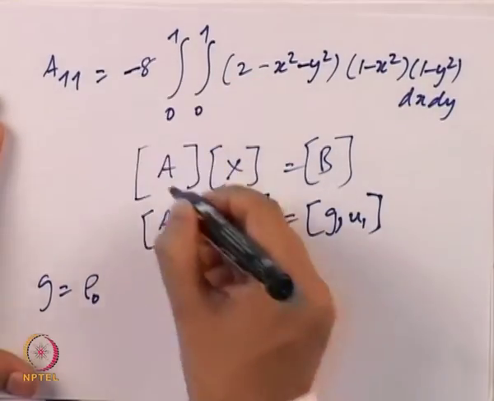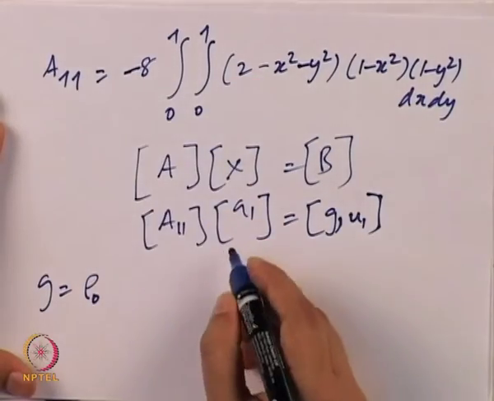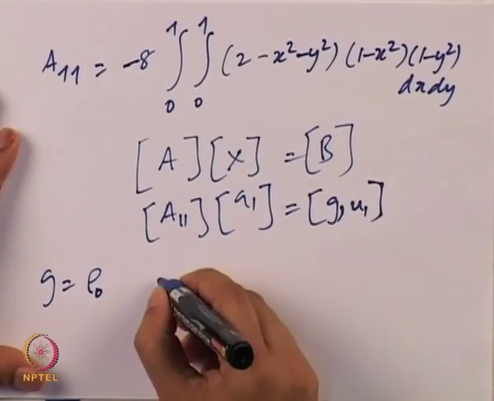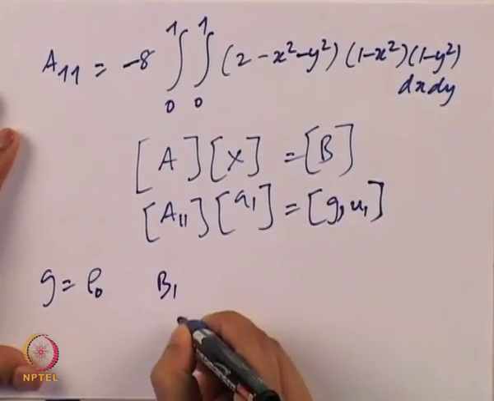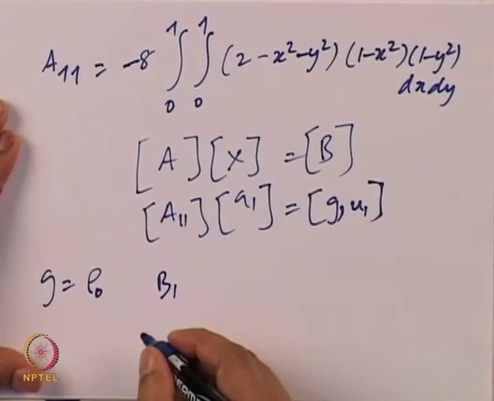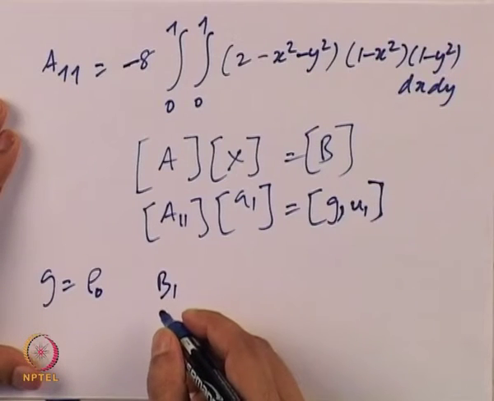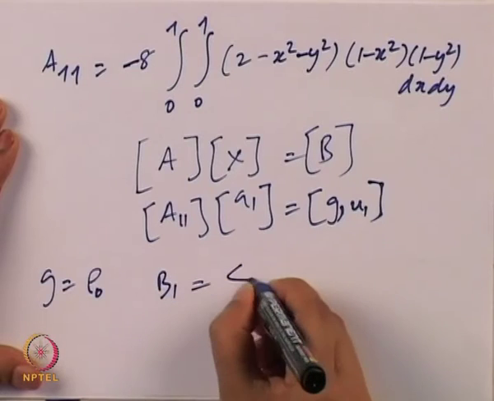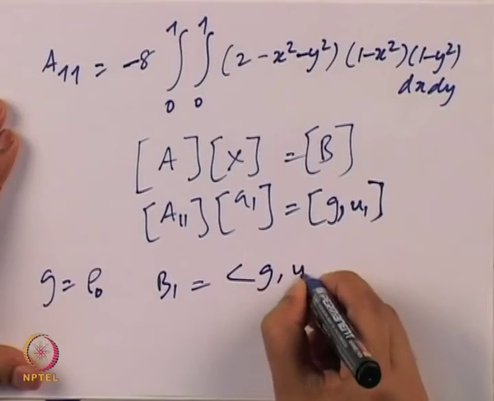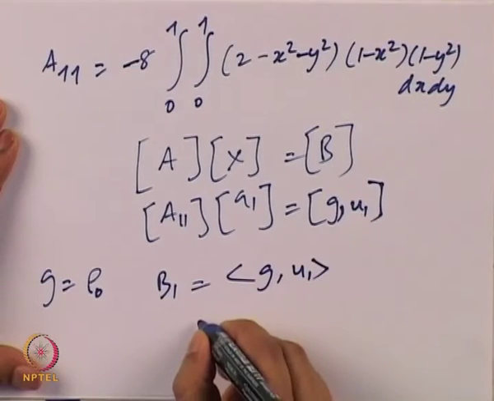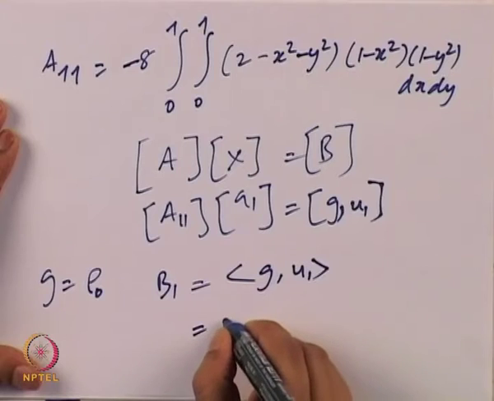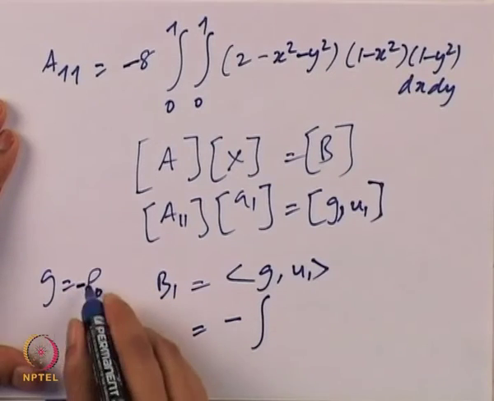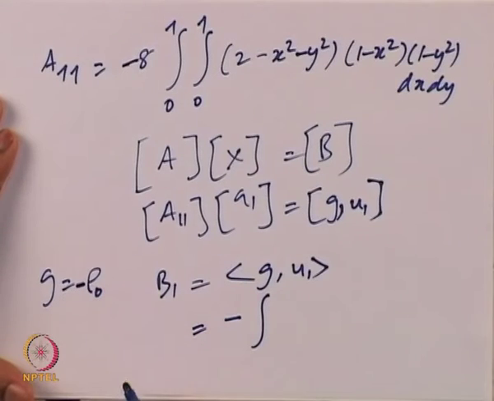So here A11 is the first term and the only term that we have, and we are interested in computing the right hand side term, which is the B term. For B1, we write B1 because we are in the first case with only one basis function, n equal to 1, is equal to the inner product of G comma U1. So this is going to be written as minus, because G is minus rho naught. In fact, I forgot the minus sign, so you have to put a minus sign here.